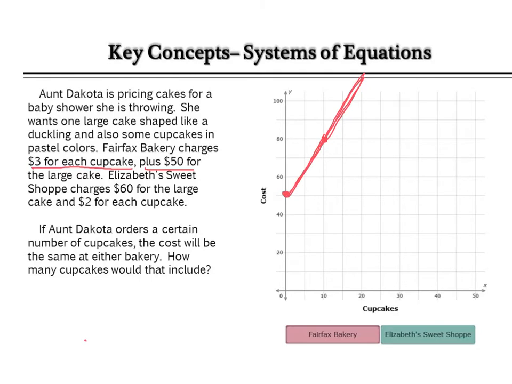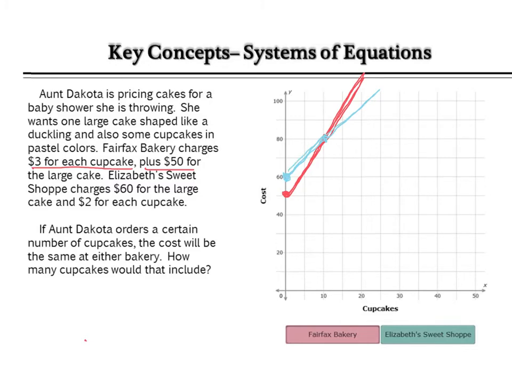Now Elizabeth Sweet Shop, her cake is $60, so that's going to start right there. And $2 for each cupcake. So at 10 cupcakes, hers would be $20 more, which is $80. So that's actually where the lines meet.